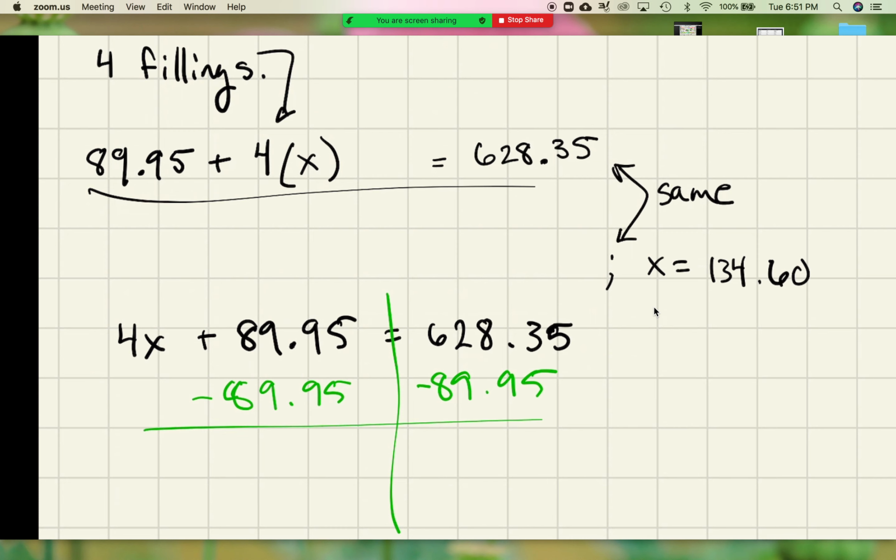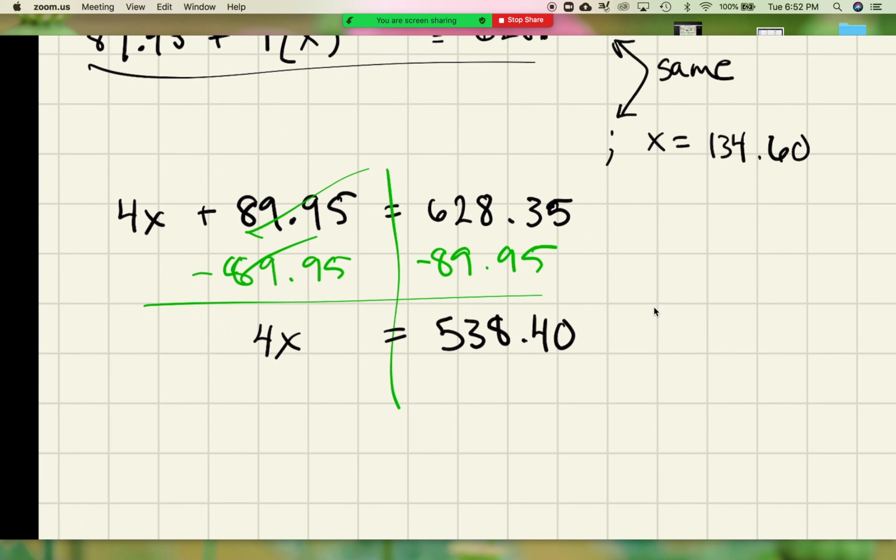Do that part in the calculator. You would get 4x equals 628.35 minus 89.95, which is 538.40, and then divide by 4, because now it's just a one-step equation.